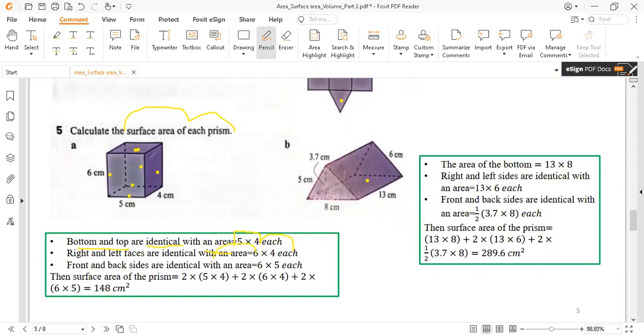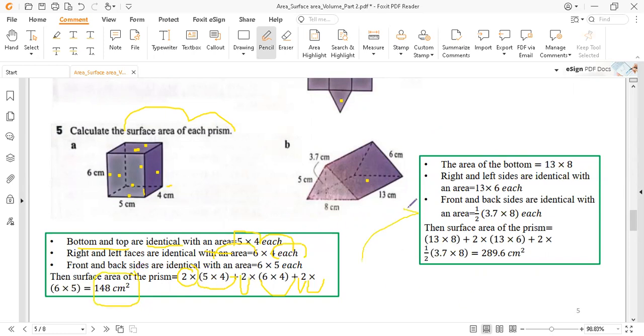And we have a front and a back, for the front we have 6 by 5. So we add the double of the bottom area, the double of the right area, and the double of the front area to obtain 148 centimeters squared.